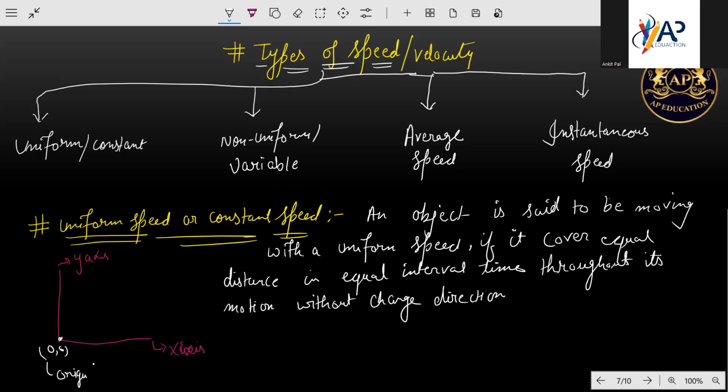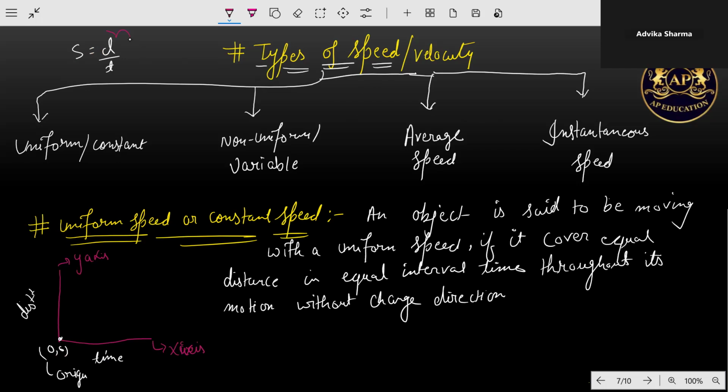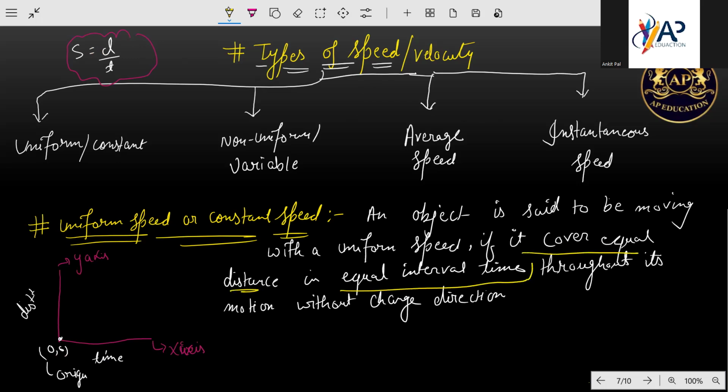On the x-axis we write time. On the y-axis we write distance, because we know that the formula of speed is distance upon time, right? If it covers equal distance in equal intervals of time without change of direction, then we can say speed is uniform.